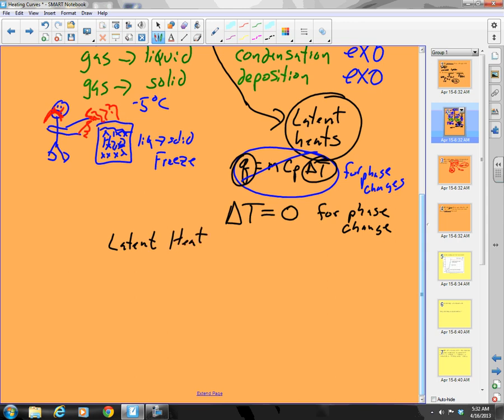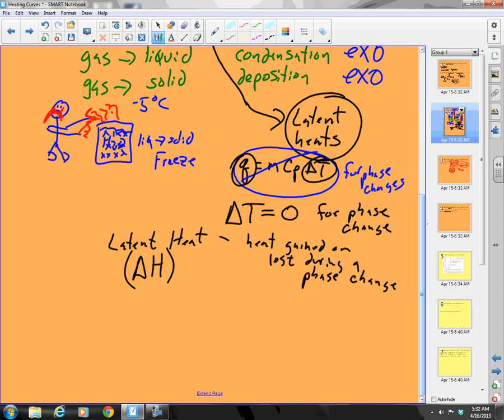And that is essentially the heat of a phase change. The heat either gained or lost during a phase change. And we use as a symbol delta H, change in enthalpy, to represent our latent heat.